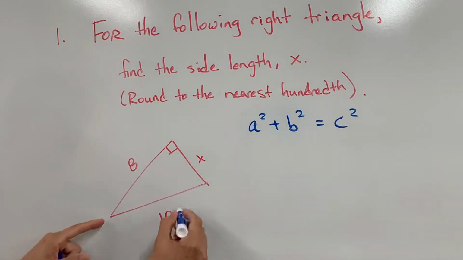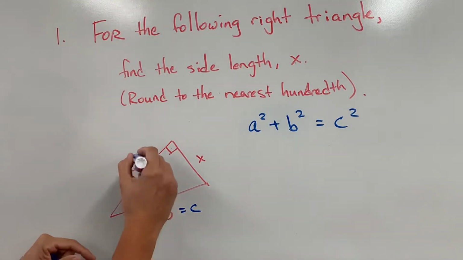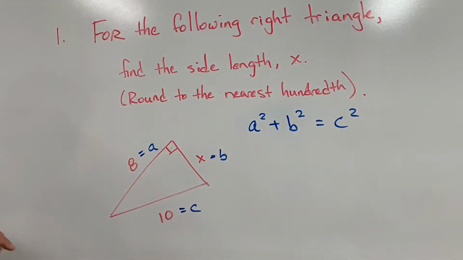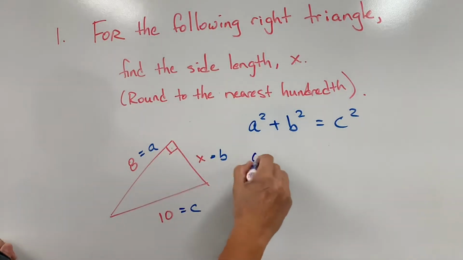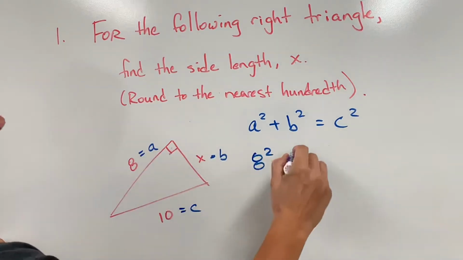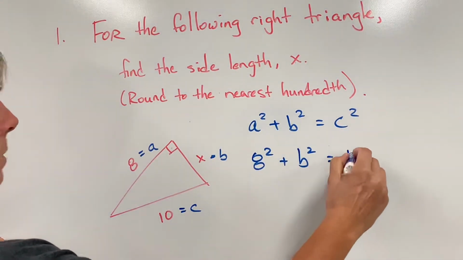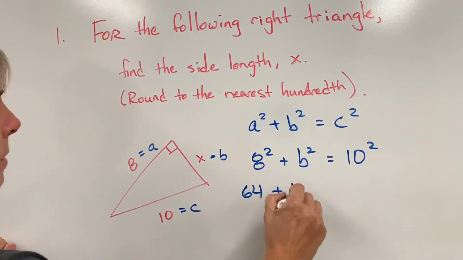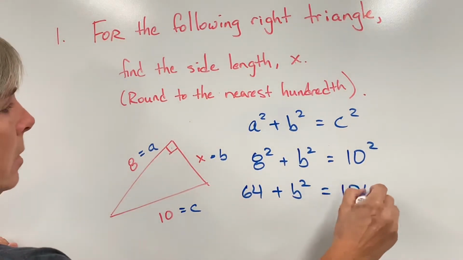So in our case, c is going to be 10, and then I could say this is a and this is b. Plugging those in, I would have a squared plus 8 squared equals 10 squared. 8 squared is 64, plus b squared equals 100.